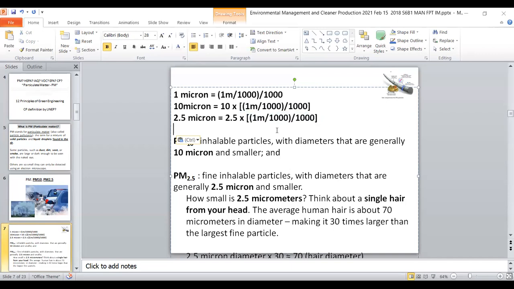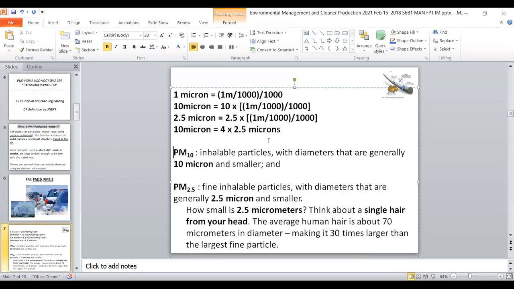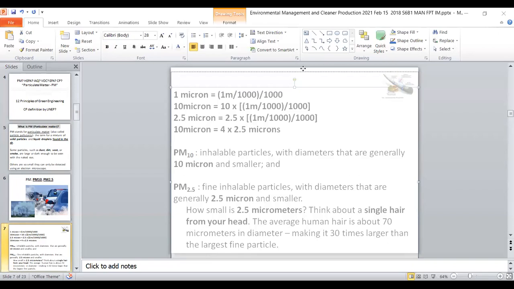So it is quite clear. 10 microns is equal to 4 times 2.5 microns, because 4 times 2.5 is 10. Later we will see some more on this. So this is about the sizes.